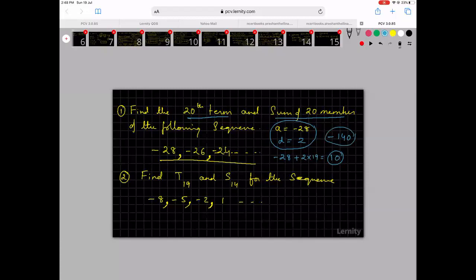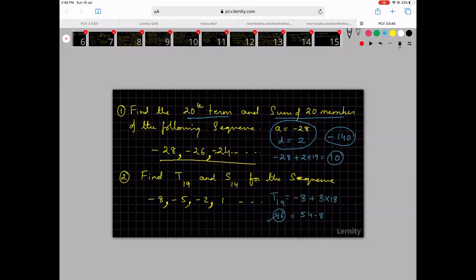Similarly, here T19 will become equal to minus 8 plus 3 into 18. 3 into 18 is 54. 54 minus 8 is 46. So T19 is 46.